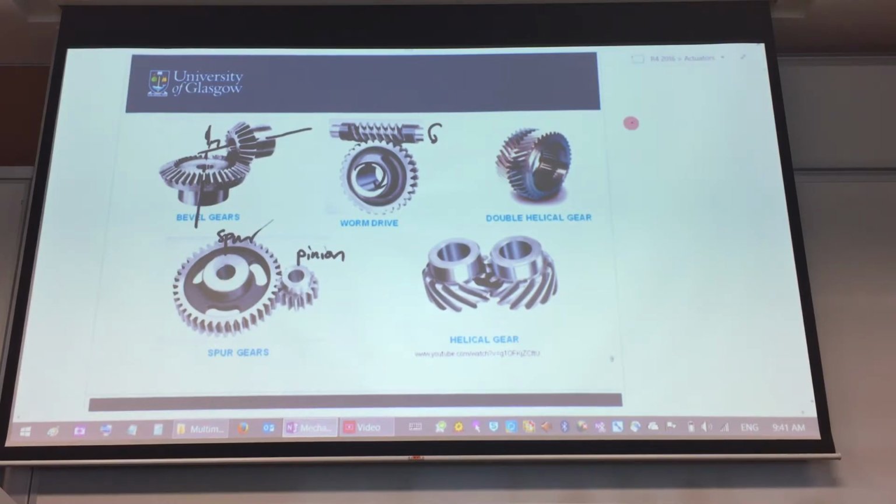Actually, the teeth look something like this. If this is the radius, then the teeth will come out: arc, straight, arc, arc, straight, arc. The other side will be the same. So it cannot be a surface.